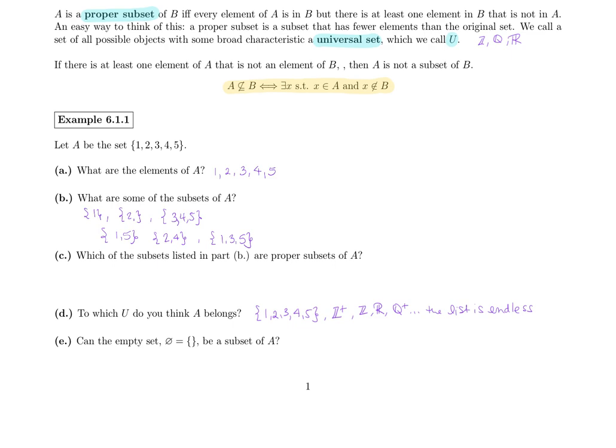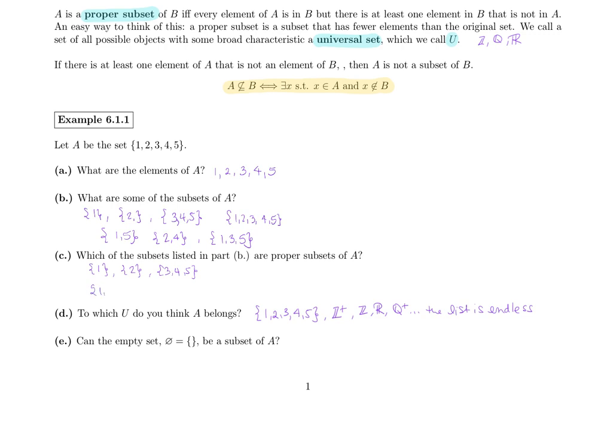Which of the subsets that we listed here would be proper subsets of A? Well, honestly, all of them, unless we listed a subset of 1, 2, 3, 4, and 5. If we add 1, 2, 3, 4, 5, we can then say that all of the other subsets are proper. So 1, 2, 3, 4, 5 is not a proper subset because it's the same size.